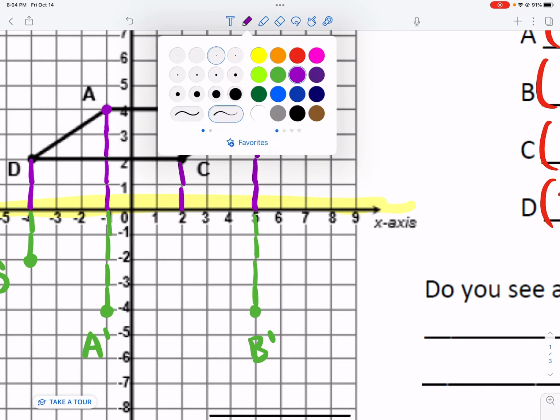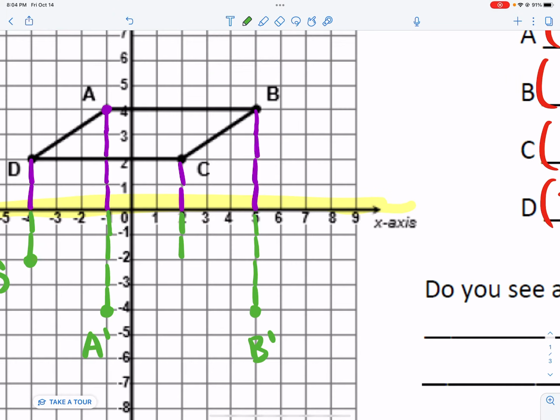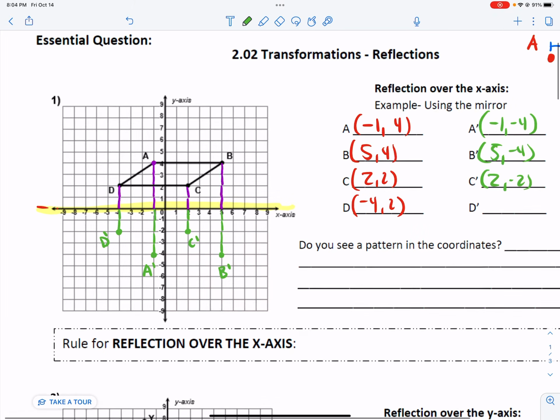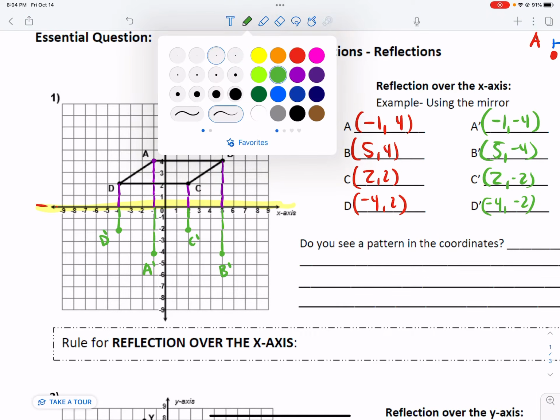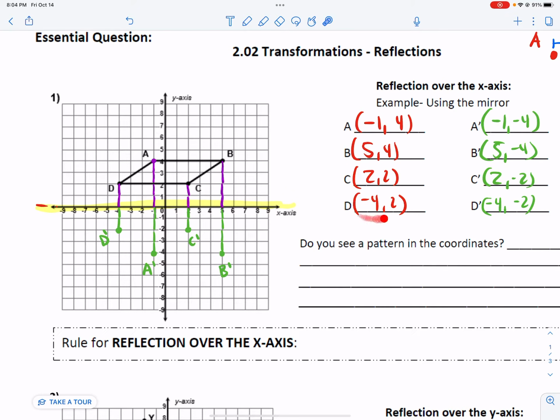That means that we are 1, 2 distance to our image of C prime. I might have messed up. That's okay. I think I messed up earlier when I said D prime was at 2, -2. D prime will be at -4, -2.